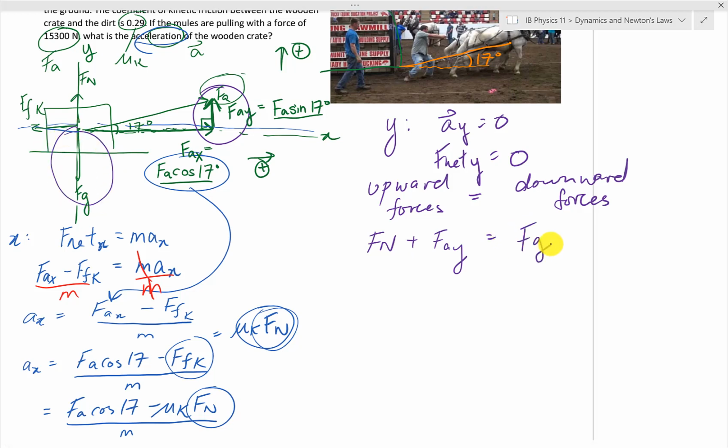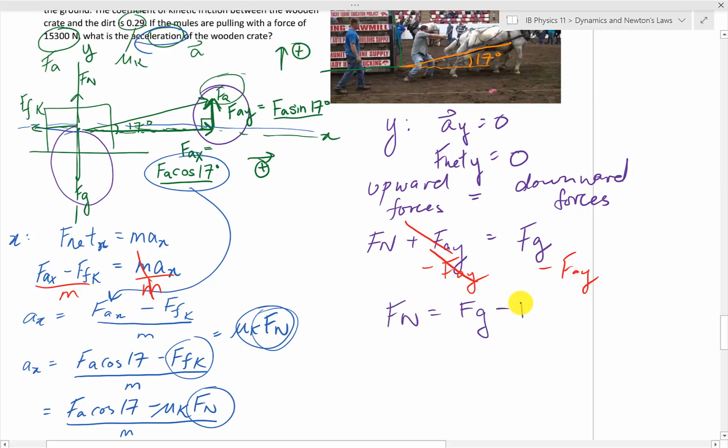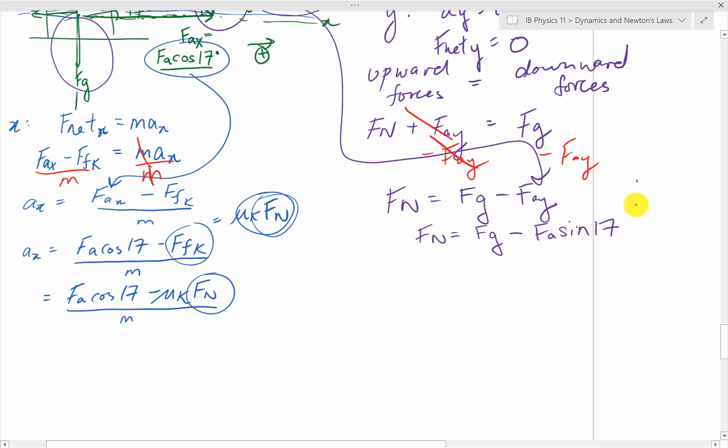Let's solve for Fn first by moving Fay to the other side. We get Fn equals Fg minus Fay. We already know Fay is Fa sine 17, which we can substitute in. We also know that Fg is mass times gravity, and that is something we can use here as well instead of Fg.